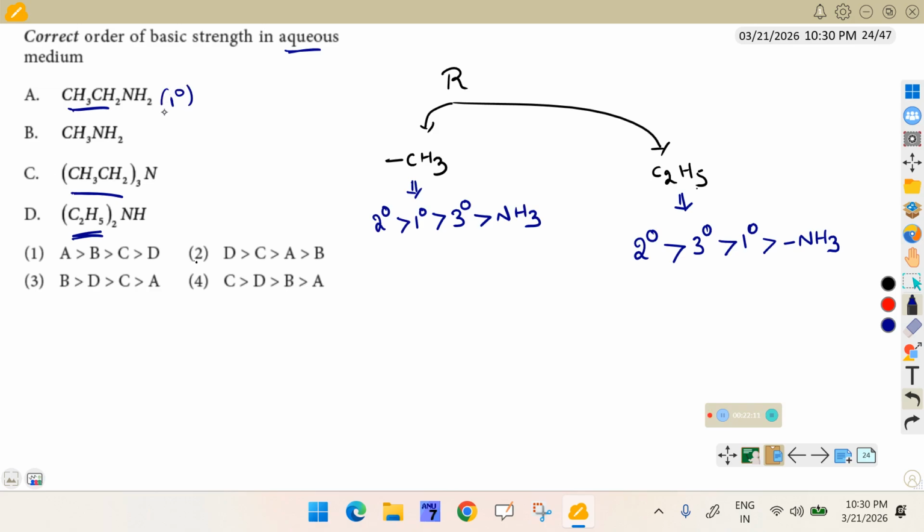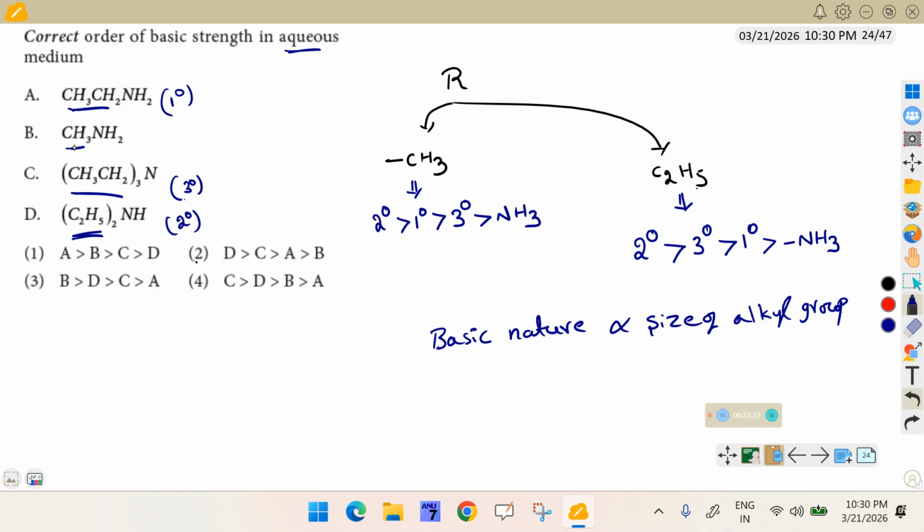This is a 1 degree amine, this is a 2 degree amine, this is a 3 degree amine. Basic nature is directly proportional to the size of the alkyl group. In the second option, the alkyl group is methyl, so B is least. Correct option is the second option.